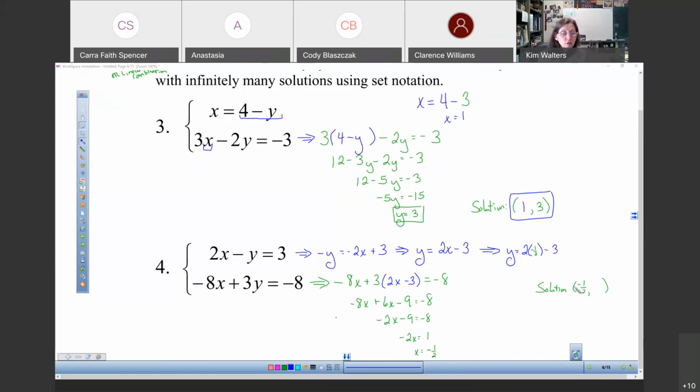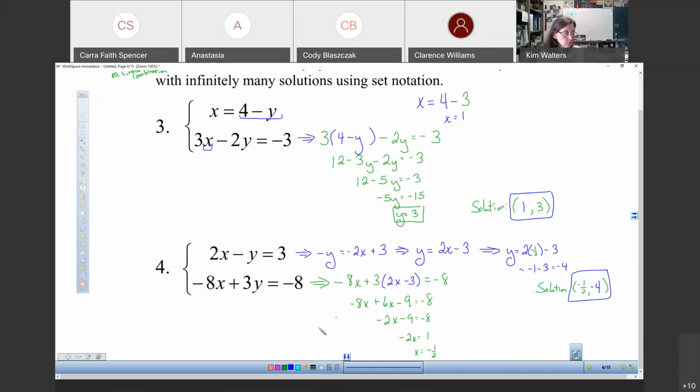All right, so this then becomes negative 1 minus 3, which gives me a y value of negative 4. Okay. So the 2 times the negative 1/2 is just a negative 1. And so here is my solution. Again, I can go back and check it in the other equation if I want to. It's fine. You're going to get a 4 minus a 12, which is going to give me negative 8.